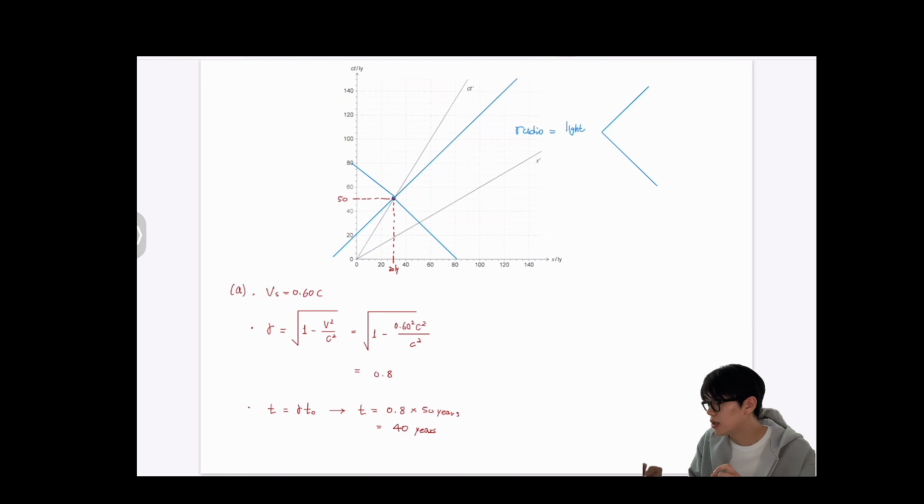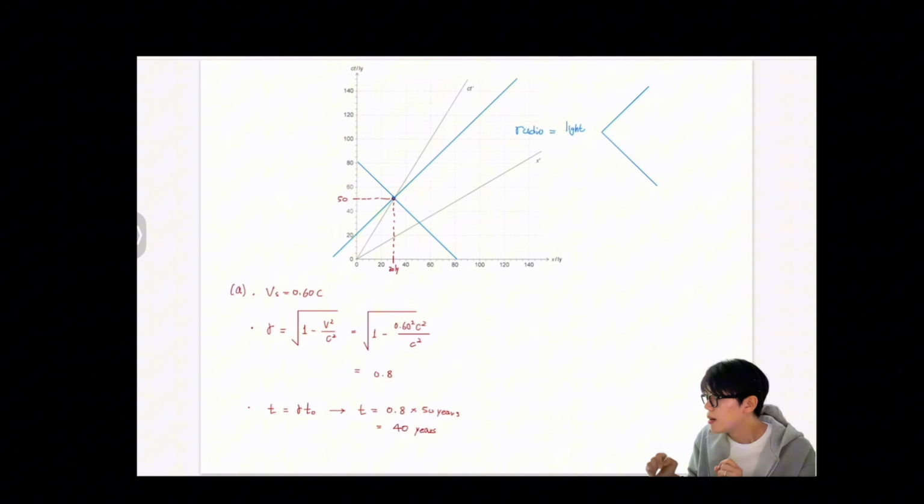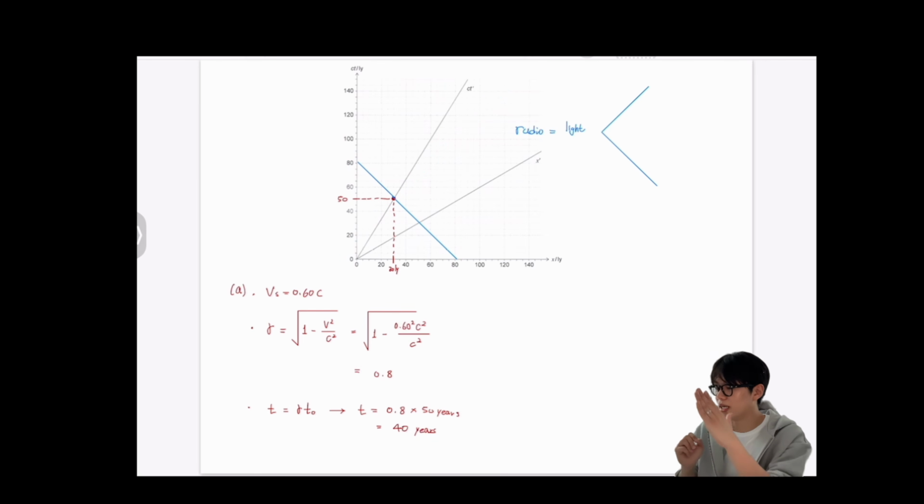That's a bad drawing. But now you see it actually cuts the 80 years of the time frame, so you have to show these things in here. You can remove that line and just keep that line. So this is how we solve question B1.